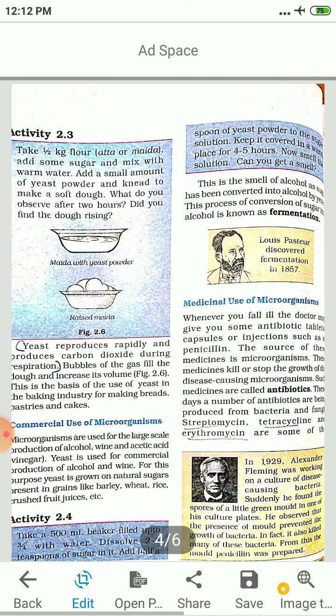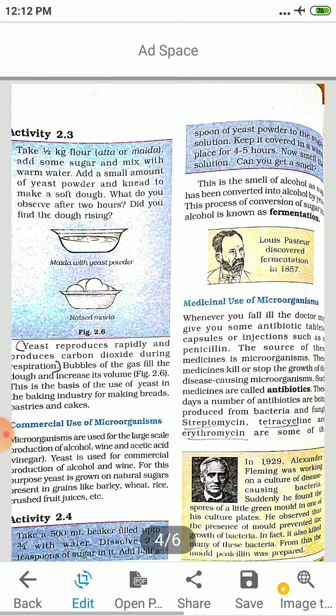So yeast reproduces very quickly and makes carbon dioxide. That's why the flour becomes bigger in size. Bubbles of gas fill the dough and increase the volume. This is the basis of the use of yeast in the baking industry for making breads, pastries and cakes.